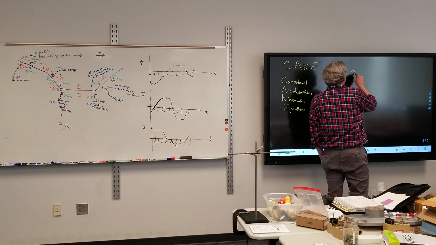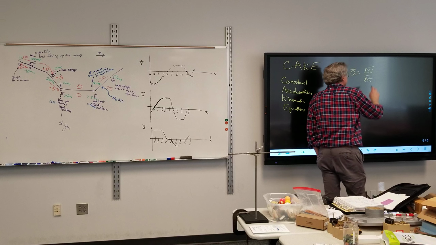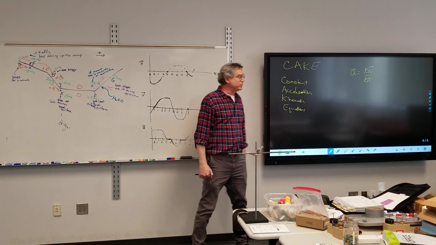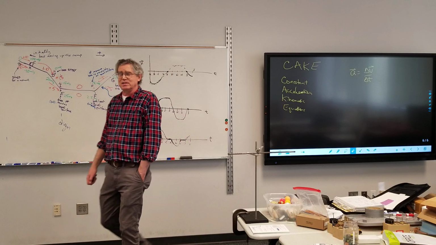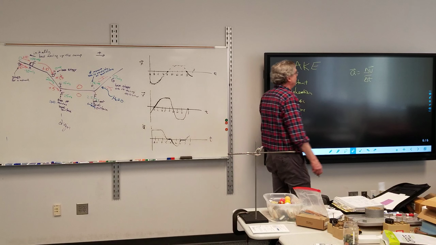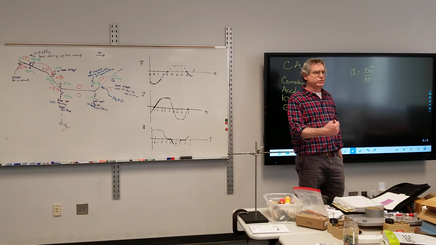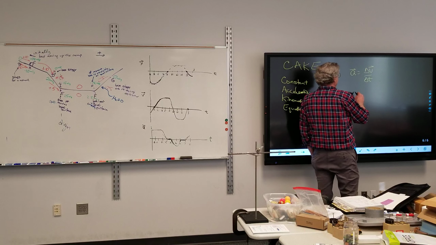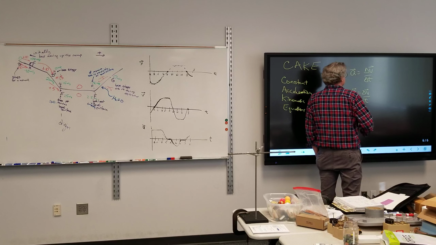I'm starting out with acceleration is the change in velocity over the change in time. Since acceleration is constant, thus the CA, it's the instantaneous value as well as the overall value. Instead of delta t, I'm just going to set initial time equal to 0, so acceleration is equal to the change in velocity over time.